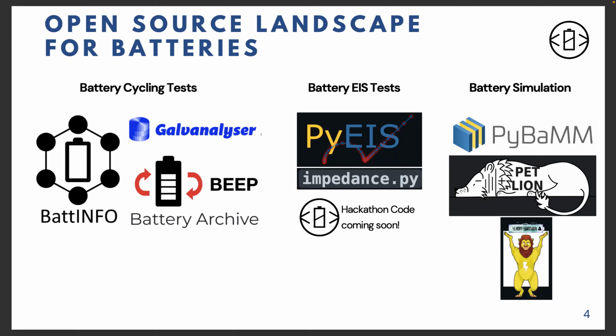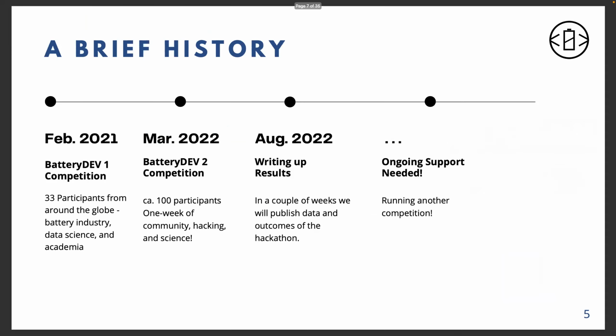All right, so I hope this gives a broad overview of the landscape we're in. And just as a brief history about BatteryDev, we started off in February 2021 with the first competition. We had 33 participants in that first competition. Then we had a second competition in March this year with about 100 participants.